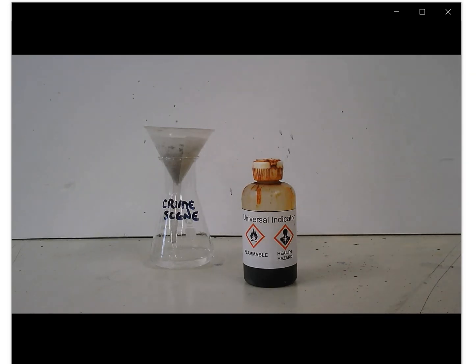So we're going to get ready to remove the filter and add the universal indicator.